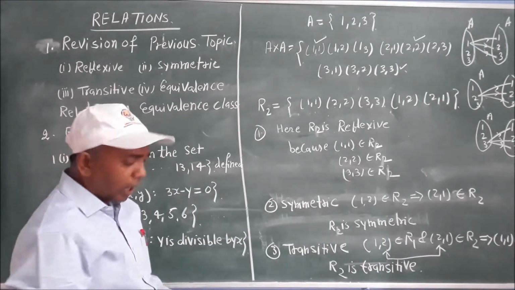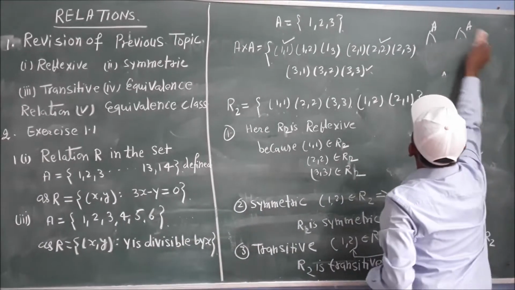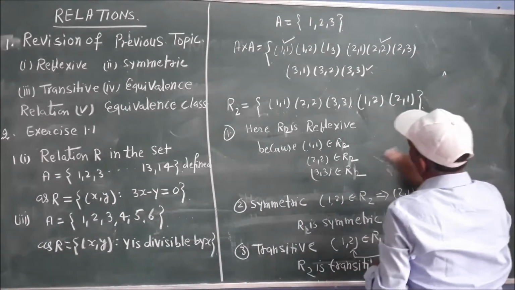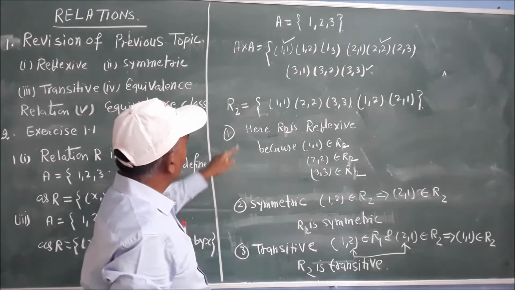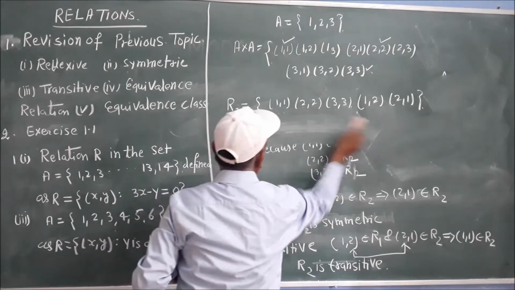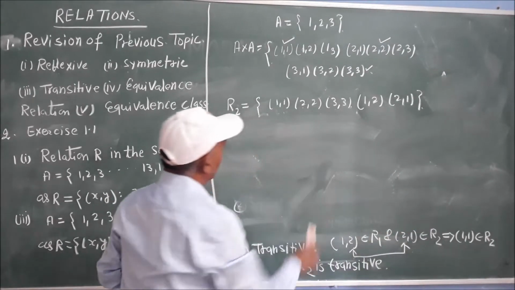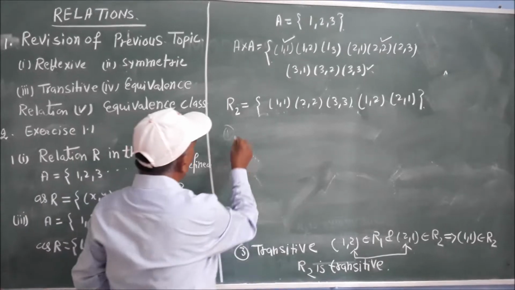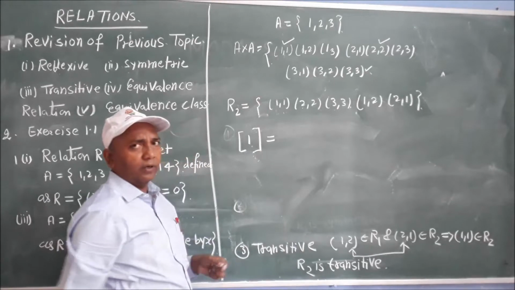Here you can say R2 is an equivalence relation, so you may calculate the equivalence class. As you have shown that R2 is an equivalence relation, calculate the equivalence class of 1.